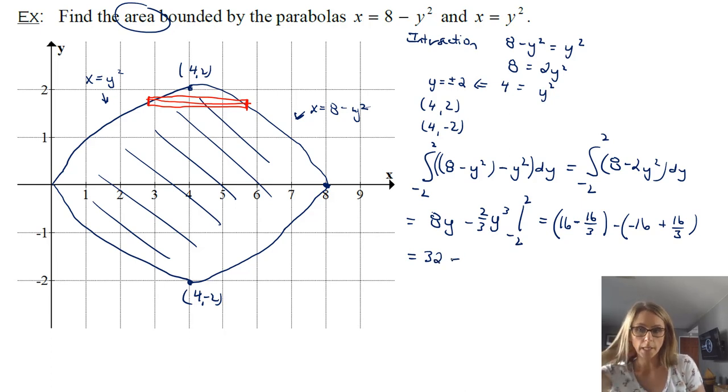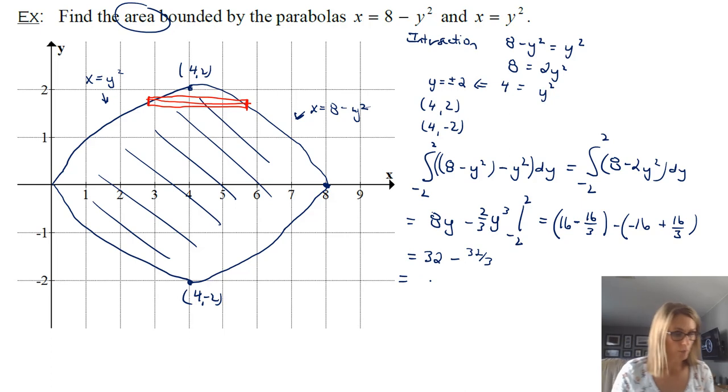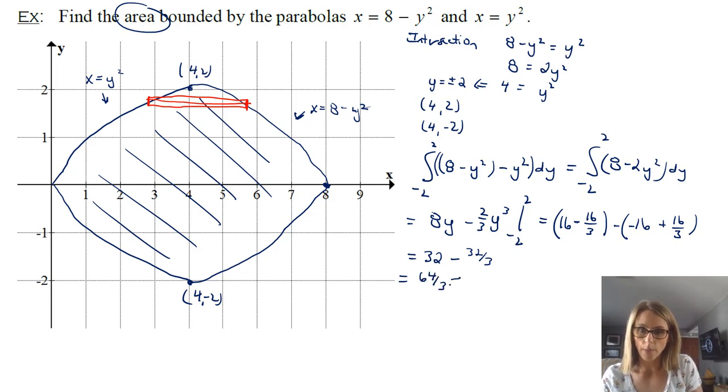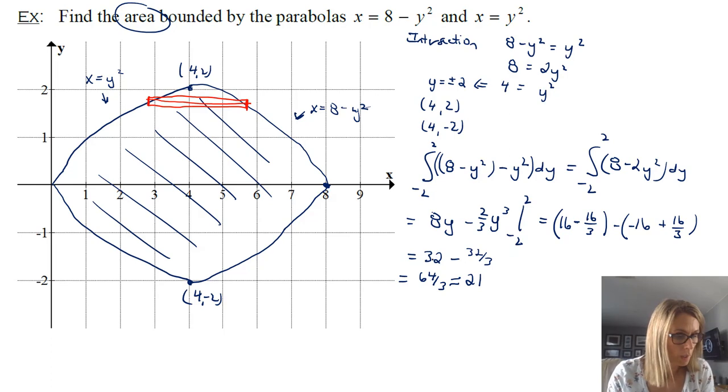And then we're subtracting 16/3 and another 16/3. So 32/3 is getting subtracted. And what that actually leaves you with is, not surprisingly, 64/3, which is about 21 and a third units squared.